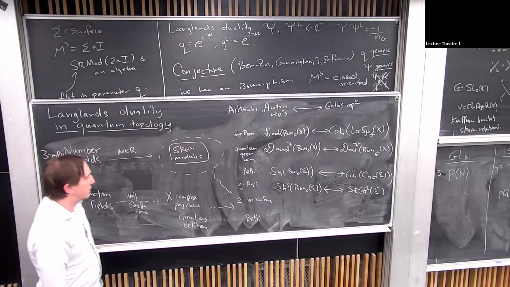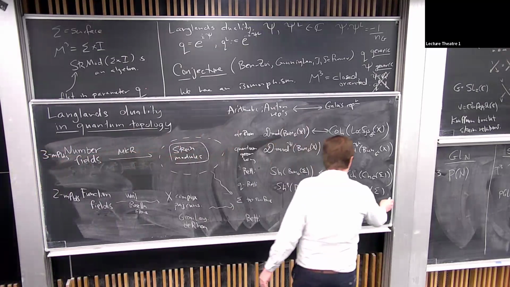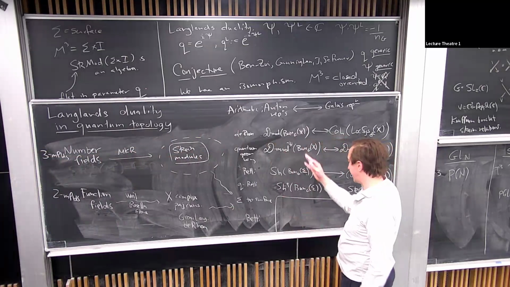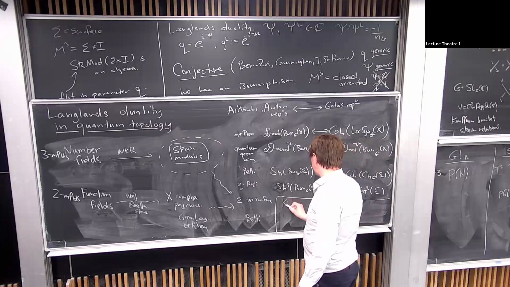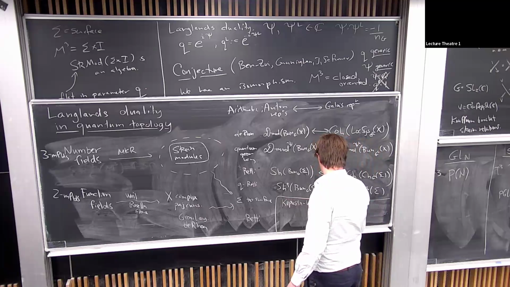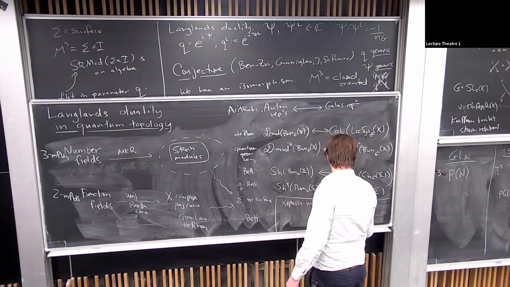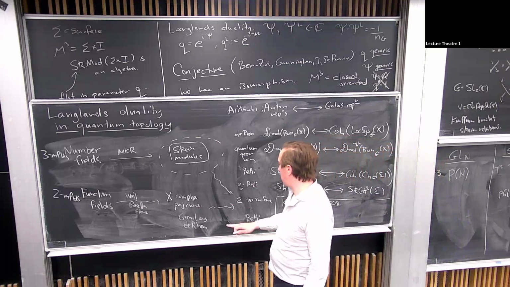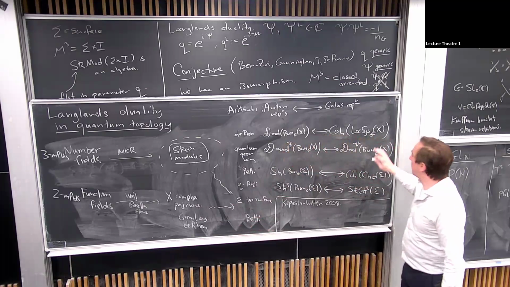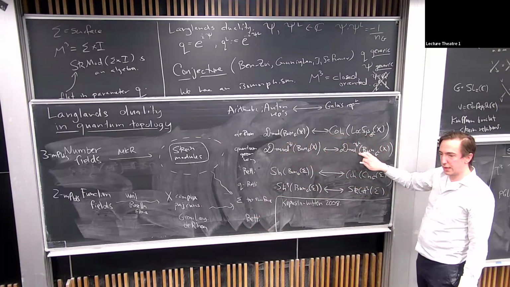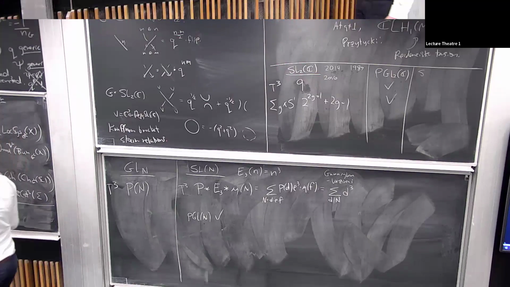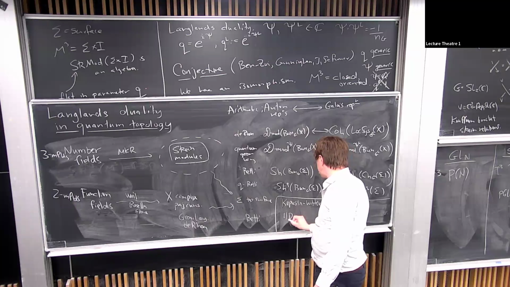I think I want to leave a little bit of time for questions. So if I'd had a bit more time, I wanted to mention the fourth leg of this picture, which is this important paper of Kapustin and Witten around 2008. Essentially, Kapustin and Witten gave an explanation for both the classical and the quantum geometric Langlands conjectures by considering a 4D TQFT.